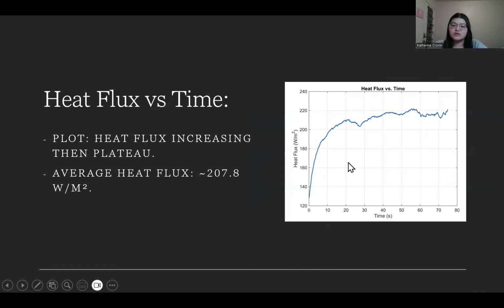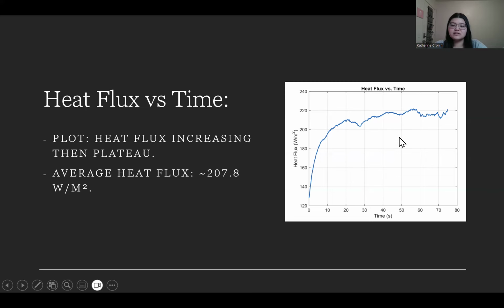Here are the actual graphs and results from my Lab 11 experiment. As you can see from the plot, the heat flux gradually increases and then plateaus. I found that my average heat flux was around 207.8.